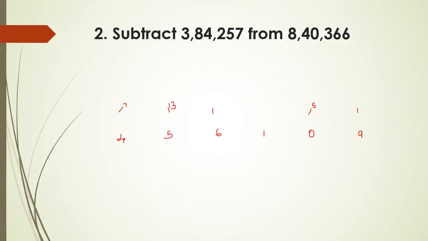Second problem, subtract 3,84,257 from 8,40,366. So first step, you draw the place value chart. So here the number of digits is 6. Draw the place value chart for 6 digits.